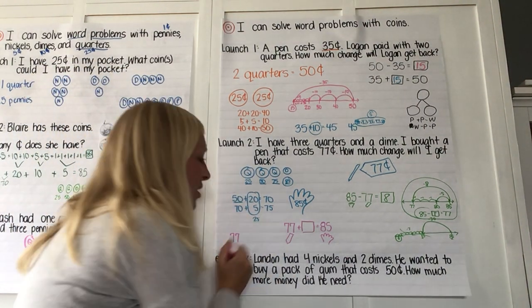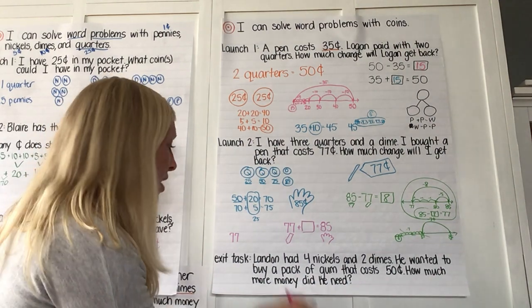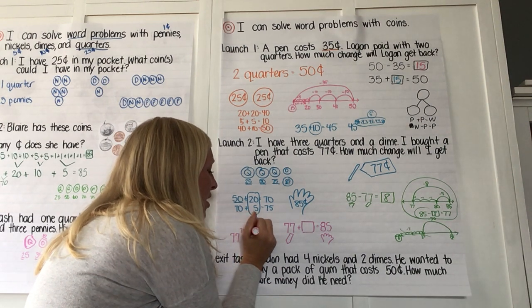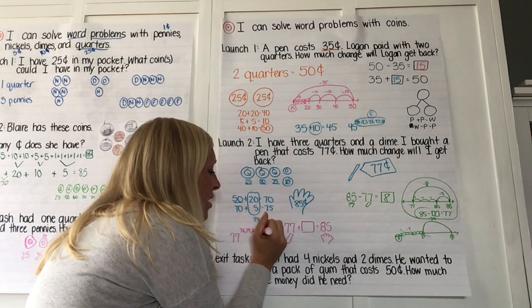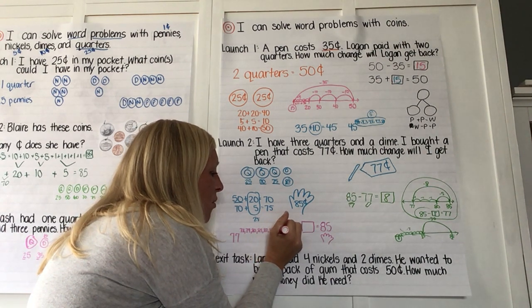So how did you solve that? You started at 77. You counted on, okay? So 77, 78, 79, 80, 81, 82, 83, 84, 85.